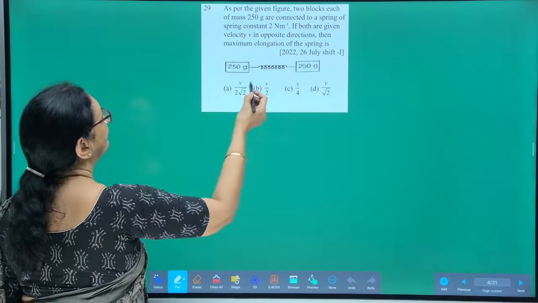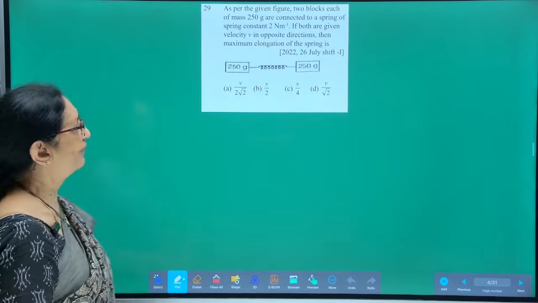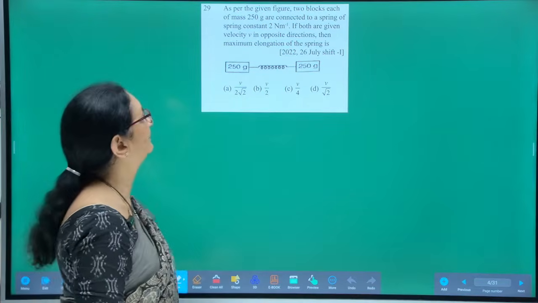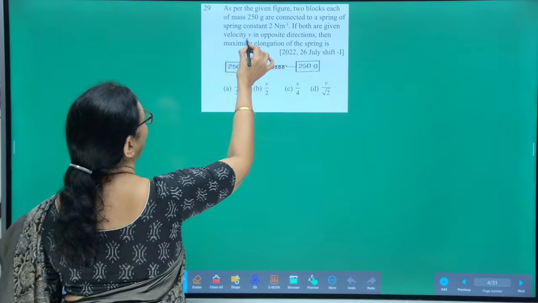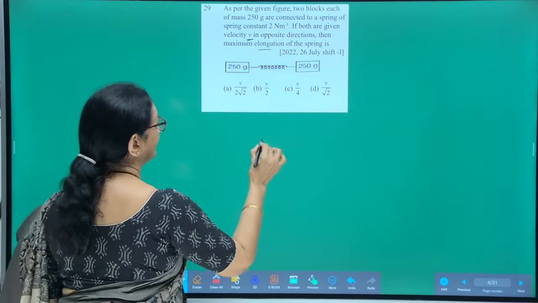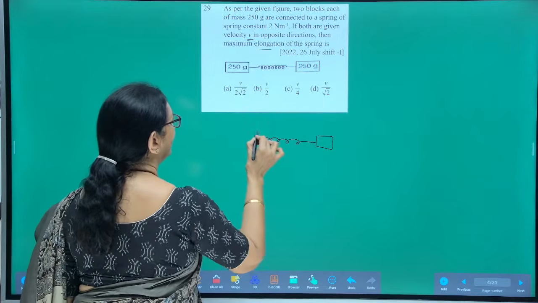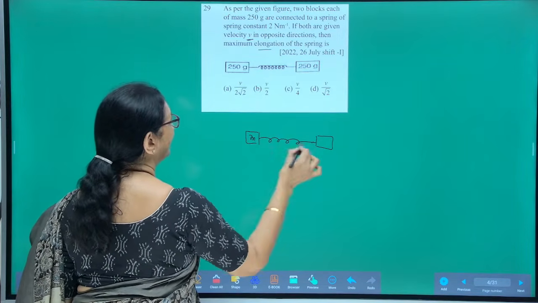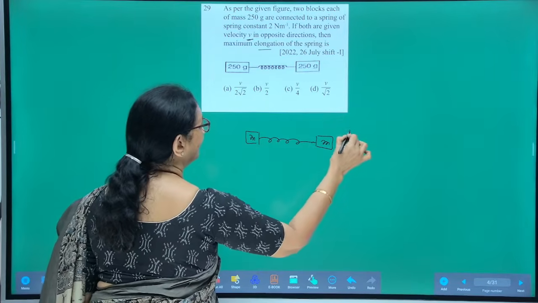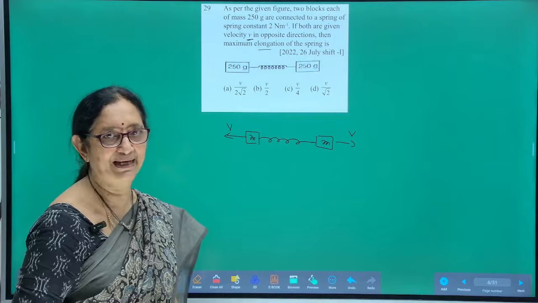As per the given figure, two blocks are connected to a spring of spring constant 2 Newton per meter. Both are given a velocity v in opposite directions. Maximum elongation? See, this is a spring, and two blocks of equal masses m are connected to the ends of the spring. They are given velocities v each in opposite directions.